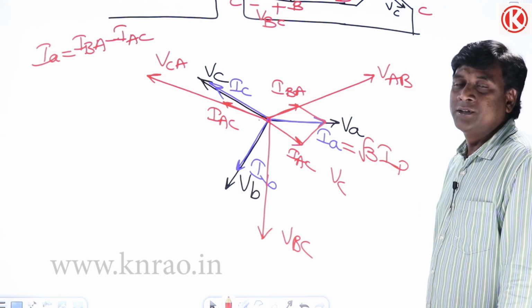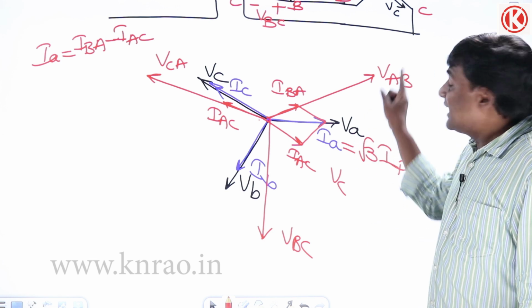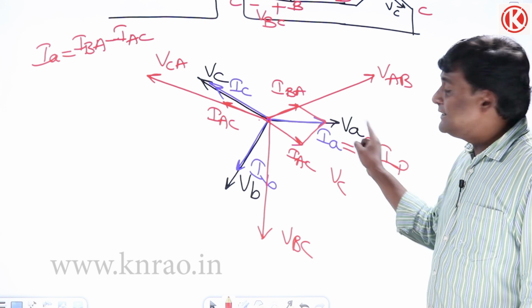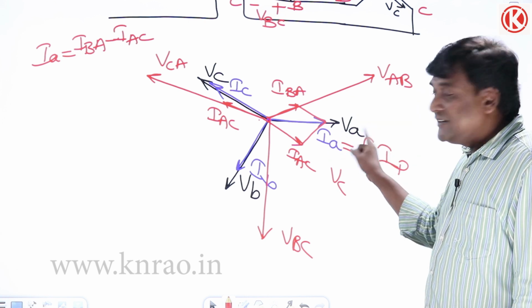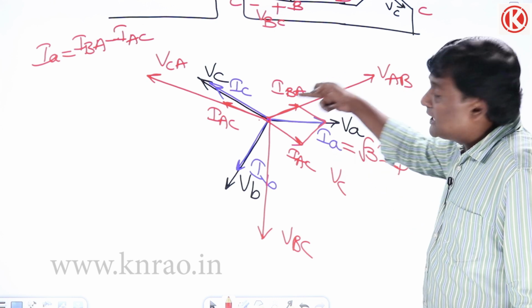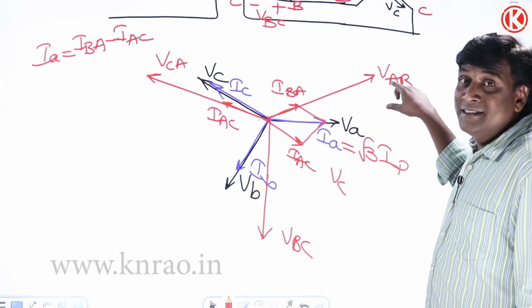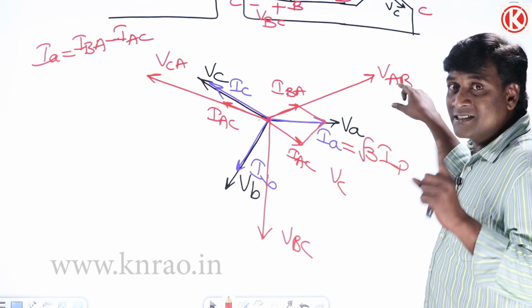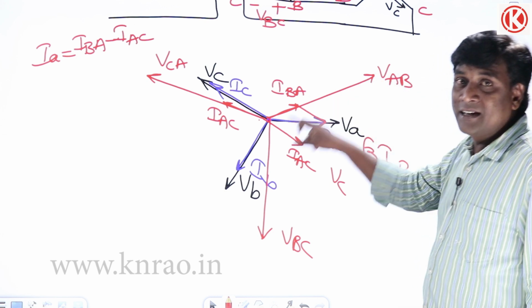Okay, focus. See here, I have taken resistive load, VA, IA at the load side are in line, meaning that VAB, IBA, the single phase transformer voltage and current, are in line.